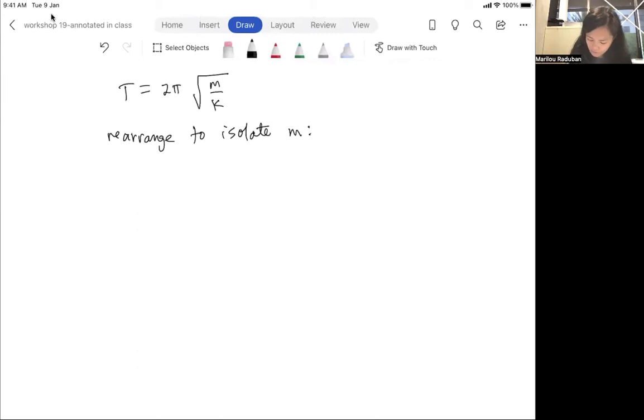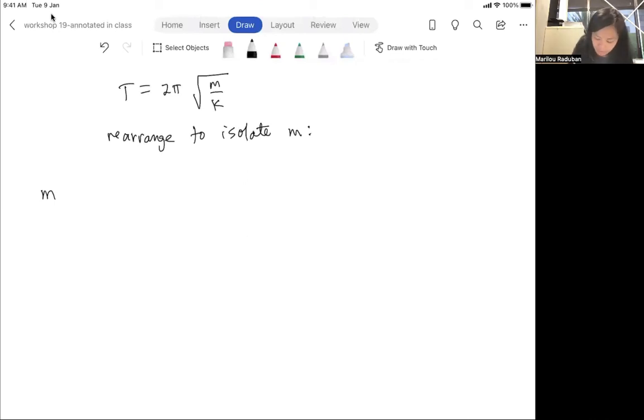I think that's the easiest way to visualize how to rearrange this, because mass is tied to k via the division sign, and it's inside the square root. So the question is, how do we remove the square root and separate mass from k? I think the easiest is to rebuild the equation starting from what you want to isolate.